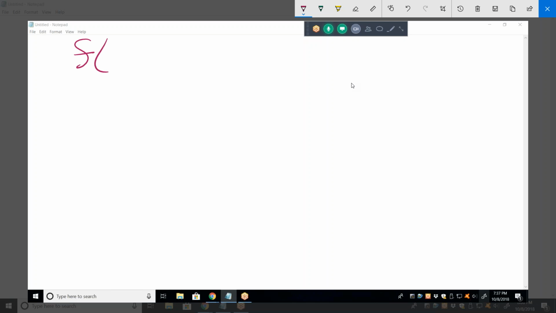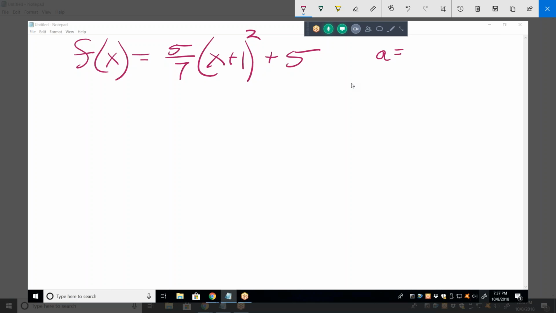The first one is y equals 5 over 7, parentheses x plus 1, parentheses squared plus 5. Notice what format this is. This is vertex form. Tell me what A is. So A would be -1.